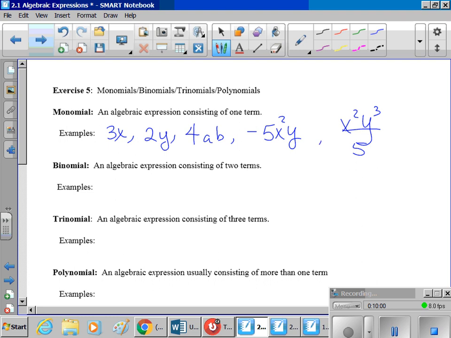These are all monomials. A binomial is an algebraic expression consisting of two terms. So binomials, things like x plus 1, like x squared minus 9. These are binomials. And of course, a trinomial consists of three terms. And usually we're used to seeing them that look something like this.